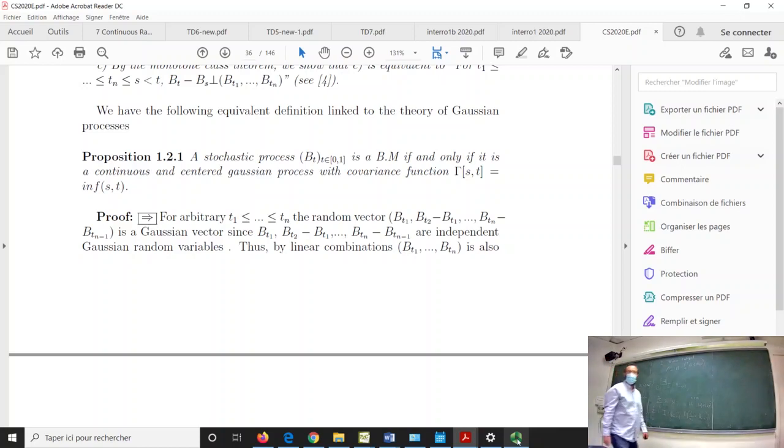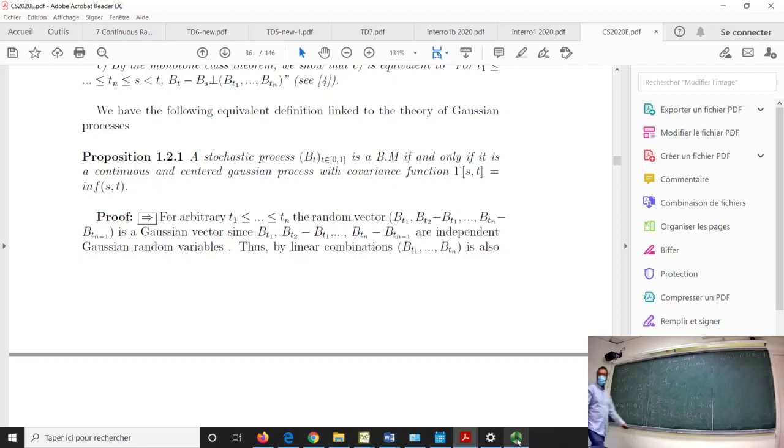Okay, what is the mean function? So what is the expectation of Bt here? It is the expectation of I of the indicator function of [0,t]. And what is the expectation of such an object? Zero.